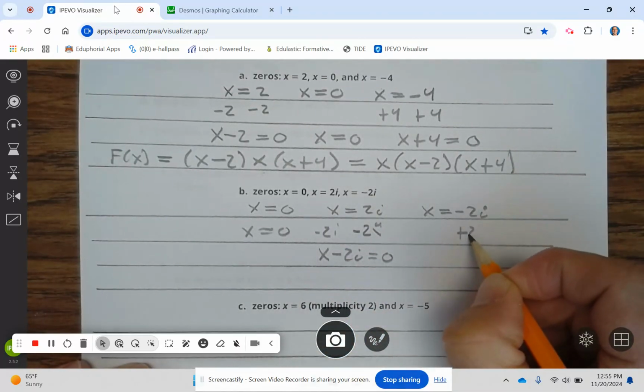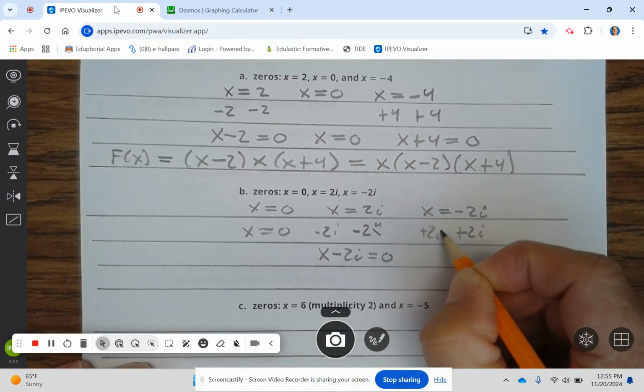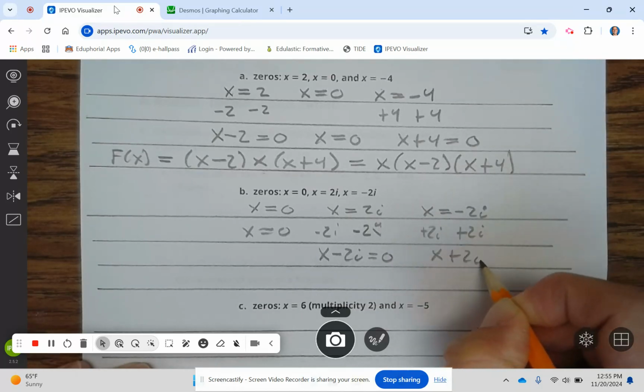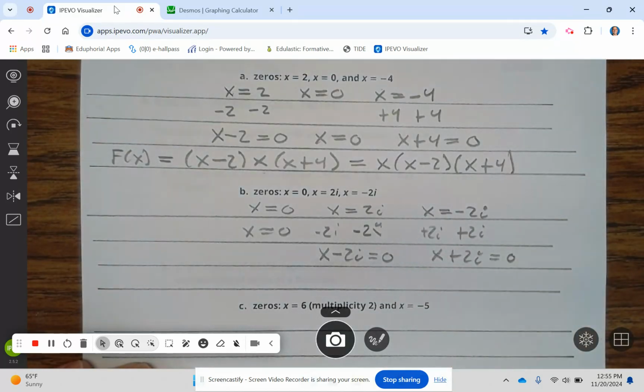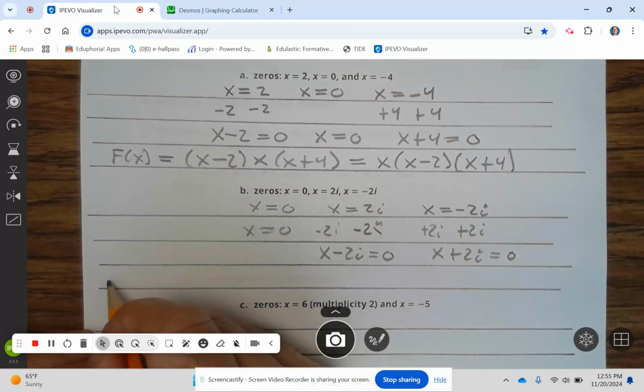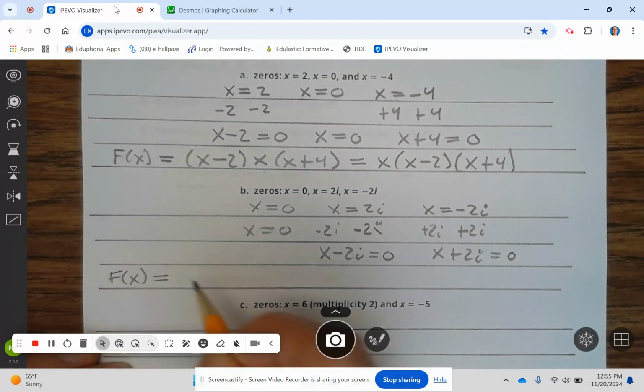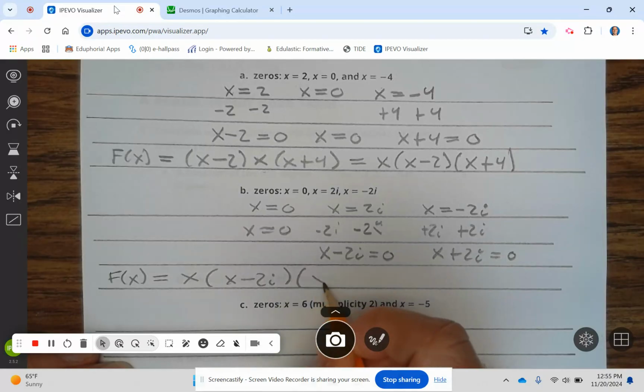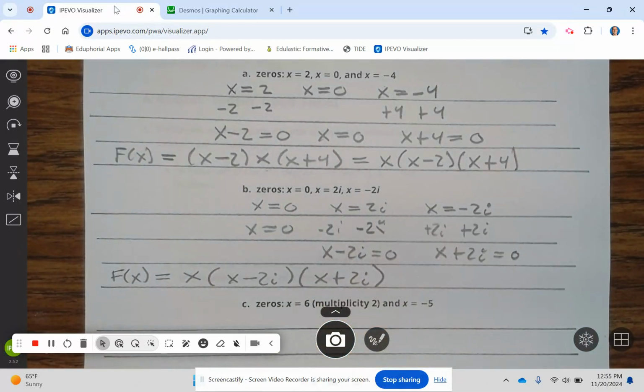Here we're going to add 2i to both sides. We get x plus 2i equals 0. So our new equation, let's just call f of x equals x times x minus 2i times x plus 2i. All right, go ahead and finish that up and work C on your own.